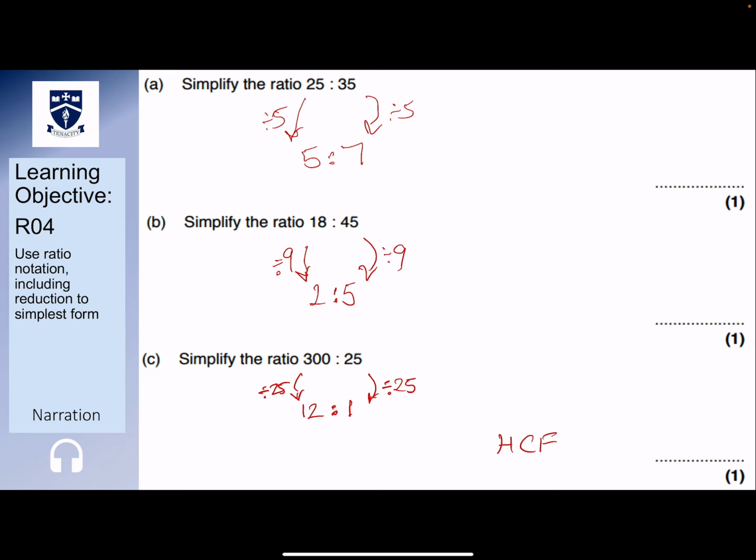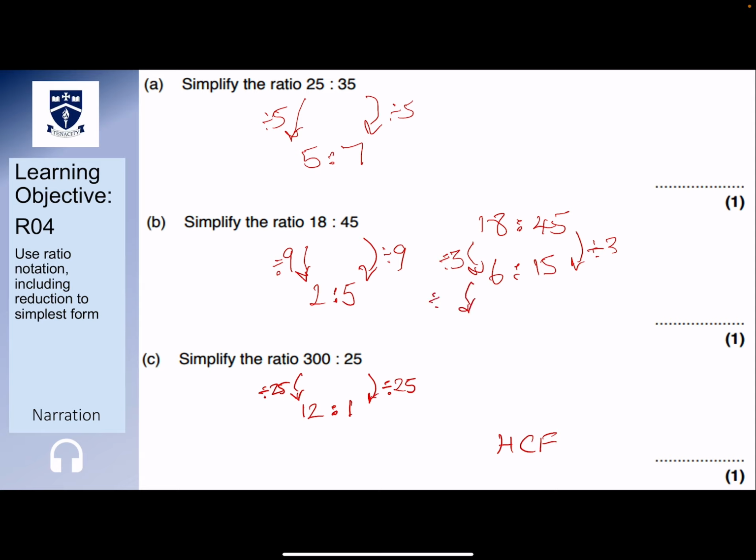To use 18 to 45 as another example, I could have done it another way. I could have divided by 3 and divided by 3. And if I did that, I get 6 to 15. However, these numbers will divide by 3 again.